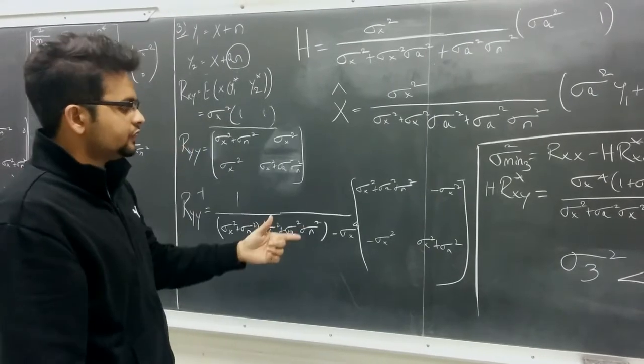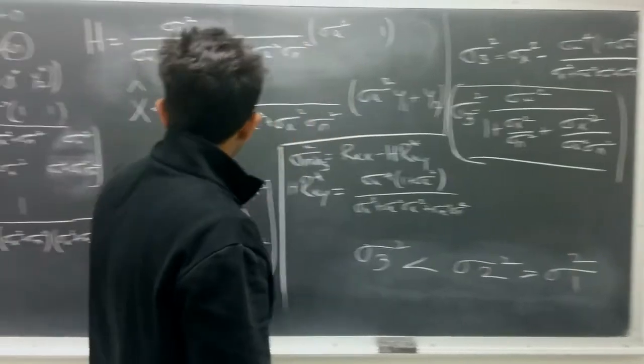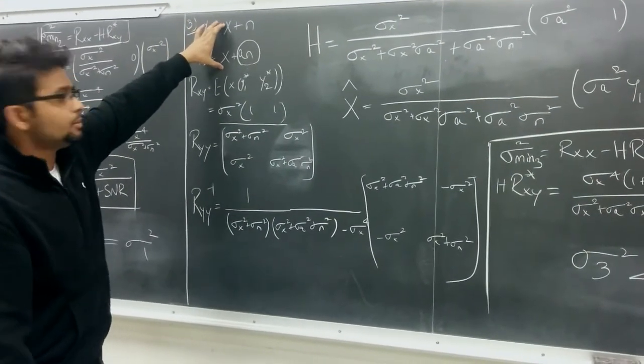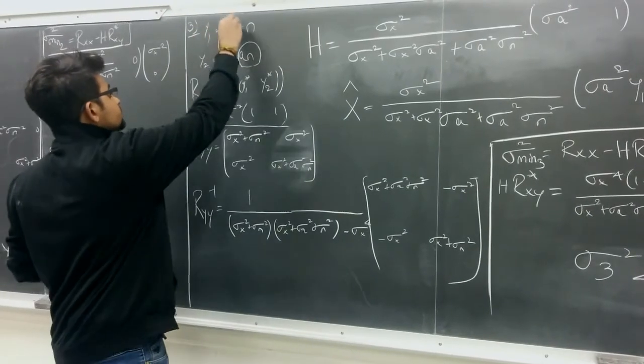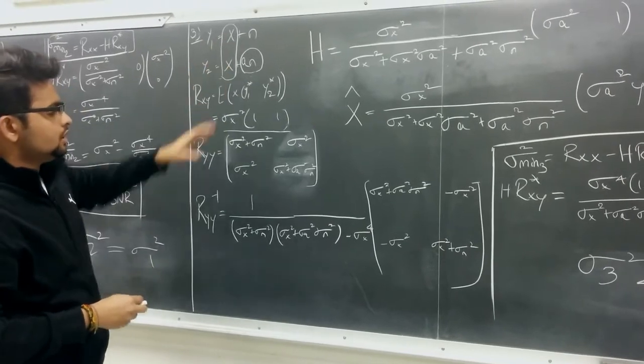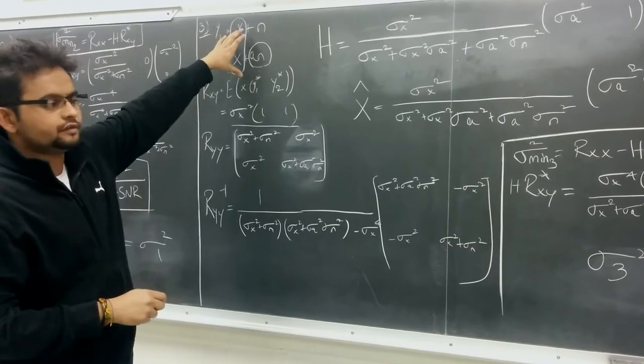However, after calculating, we find out that sigma 3 square is less than sigma 2 square. This says that these two sets of data give us more amount of these x values. It gives us more amount of this unknown value. We try to approximate the equation. We can get more amount of the value of x from this equation.